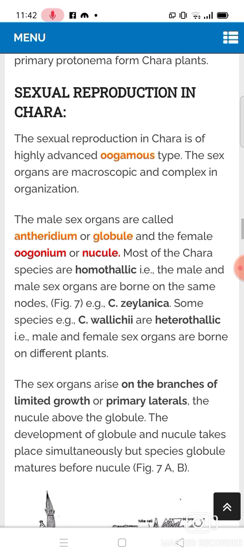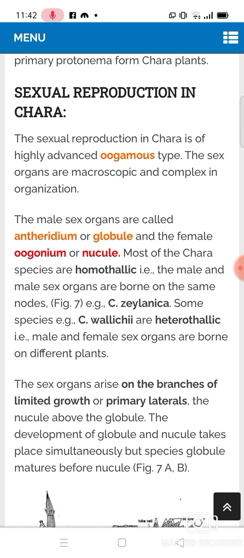The second type of reproduction in the chara, which is the advanced type of reproduction, is sexual reproduction. Sexual reproduction in chara is of highly advanced oogamous type.